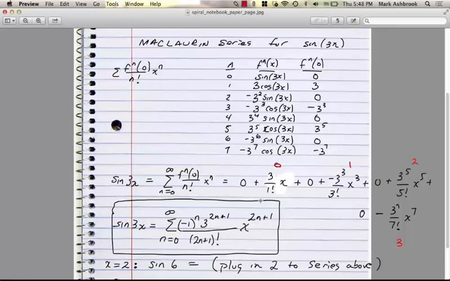Okay, so the Taylor series is the same thing as the Maclaurin series, but instead of x being 0, you're going to have some other value, say a. So let's try one of those.